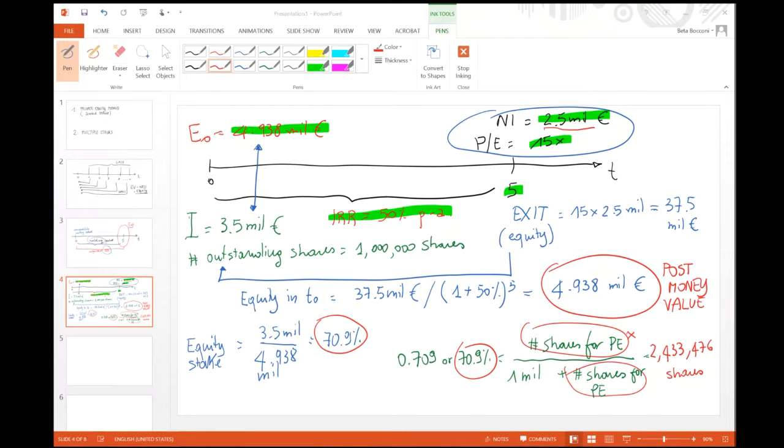So also the second question of our slide has been solved. We asked basically the percentage acquired, 70.9, and the number of shares acquired, which is 2,433,476 new shares.